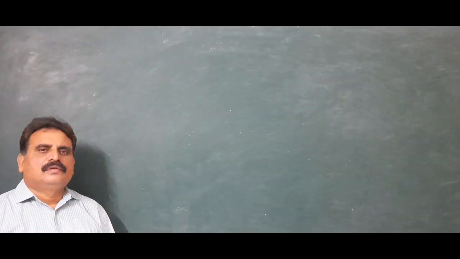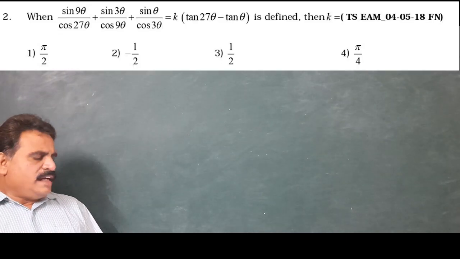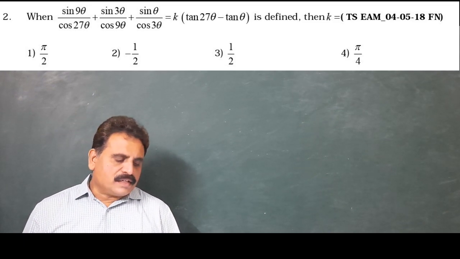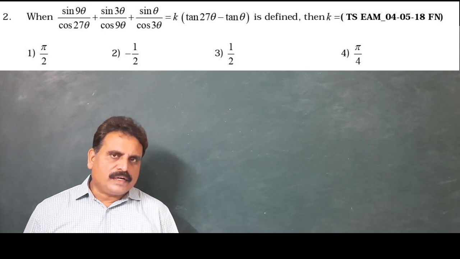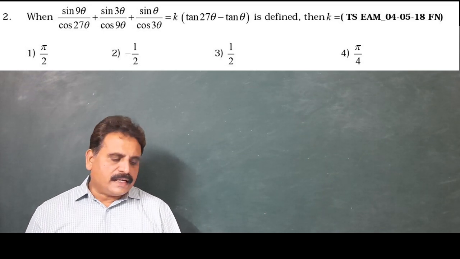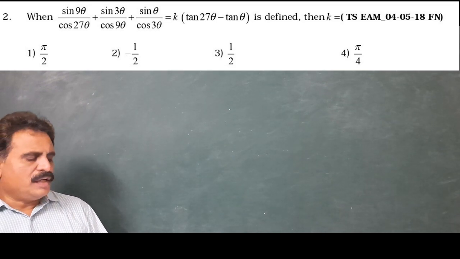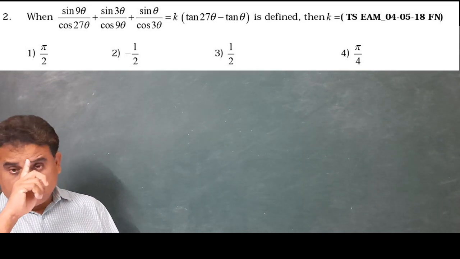Okay. Now second question. Observe that sin 9 theta by cos 27 theta plus sin 3 theta by cos 9 theta plus sin theta by cos 3 theta equals k into (tan 27 theta minus tan theta). Let us substitute theta equal to pi by 3.